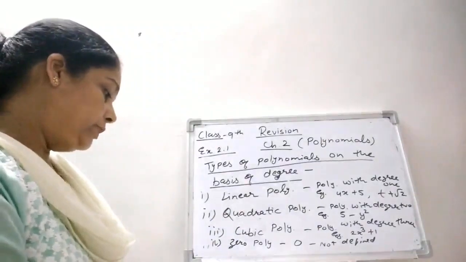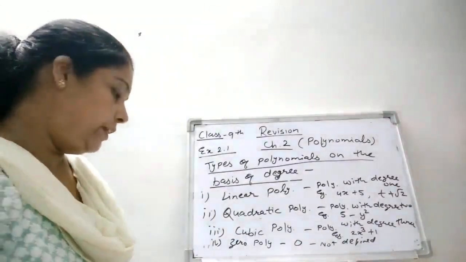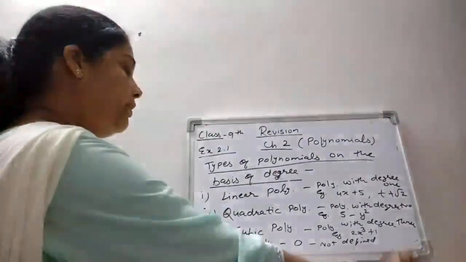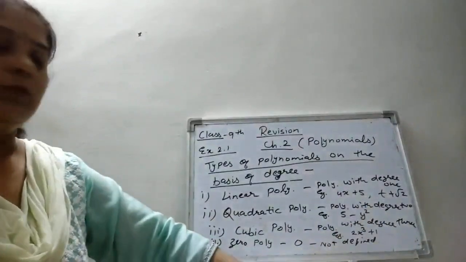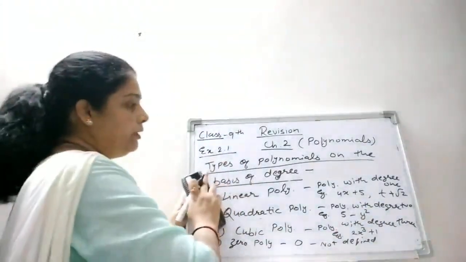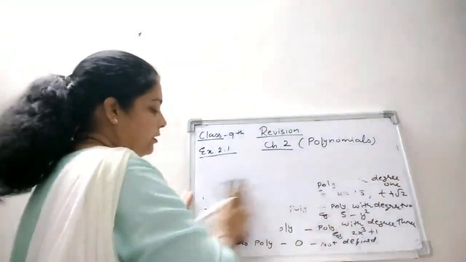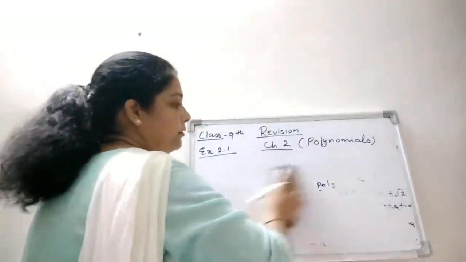Okay, now one question is there, question number 5. Classify the following as linear, quadratic and cubic. So this is based on this topic. So I am taking now question number 5.